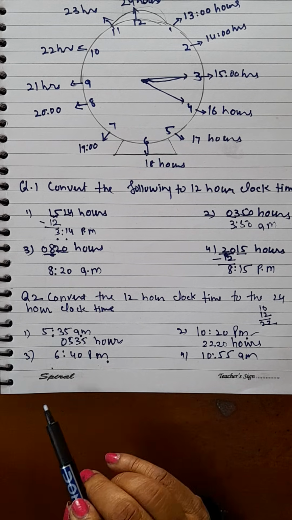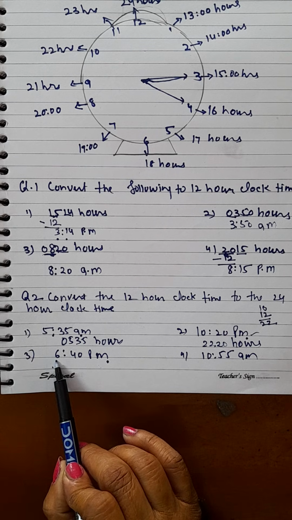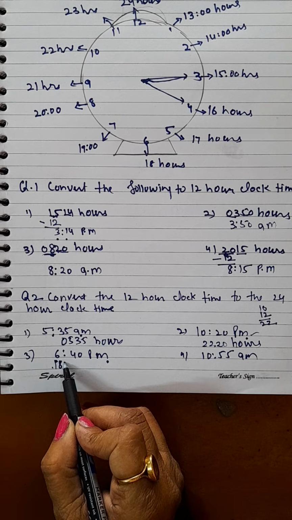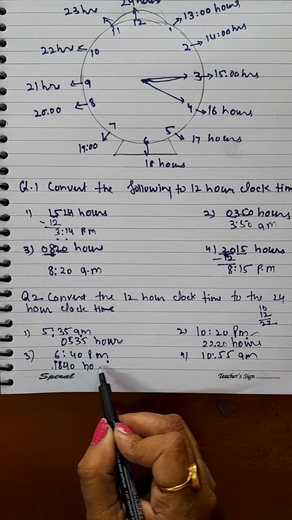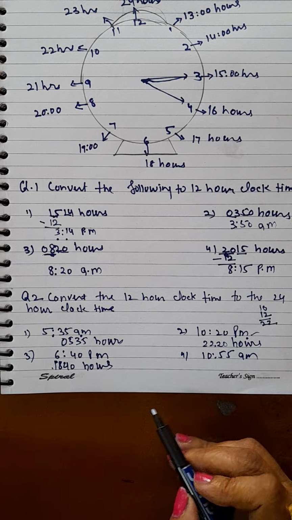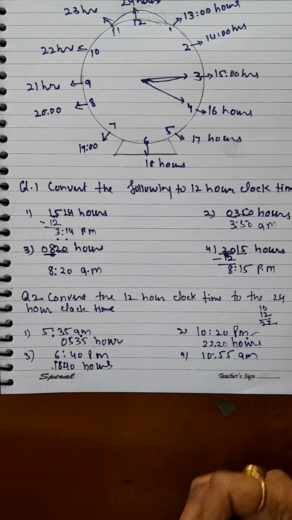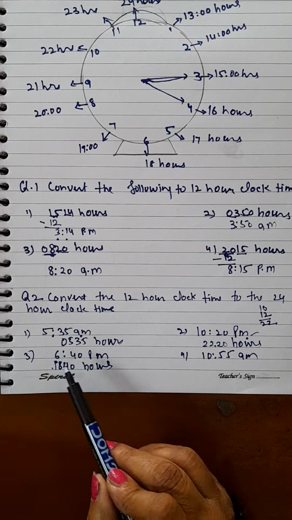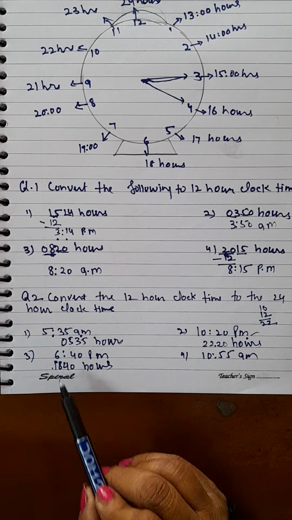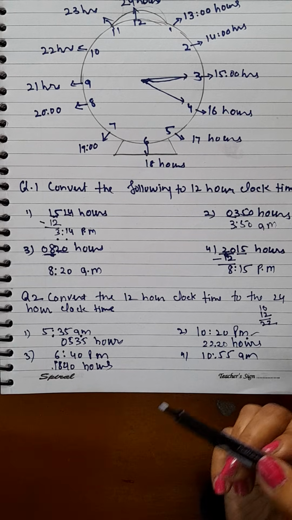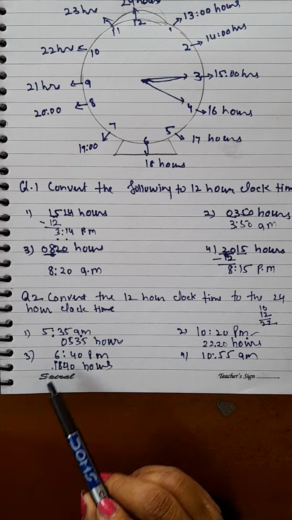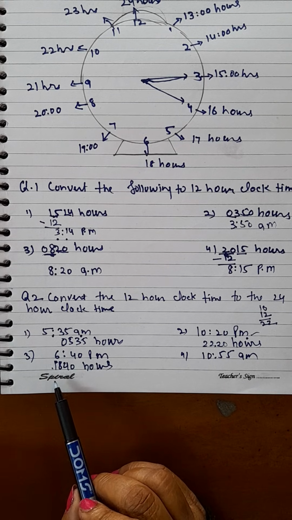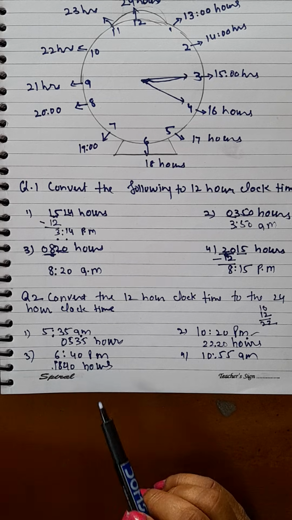For writing in the 24-hour clock, we have to add 6 to 12. 12 plus 6 is equal to 18. 18:40 hours, because after midday we start counting as 13, 14, 15, 16, 17, 18. It means this is the time of evening. So for writing in the 24-hour clock, we add 12 to 6. So the time is 18:40 hours.